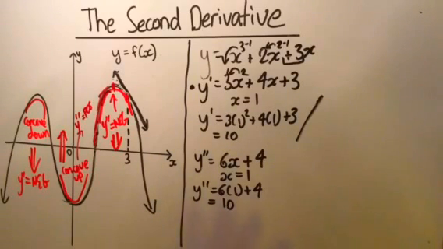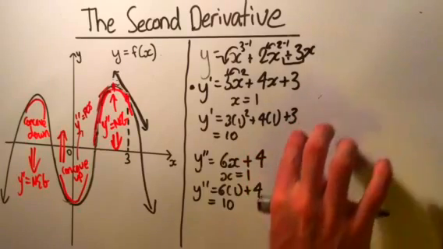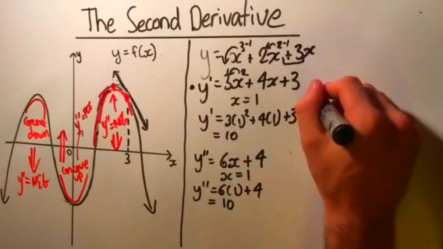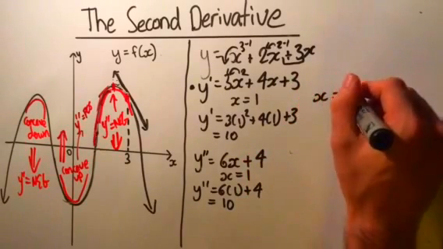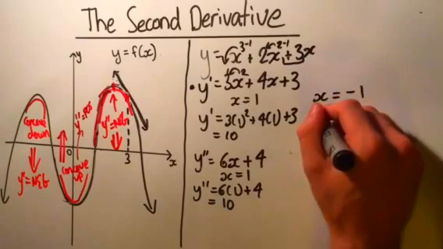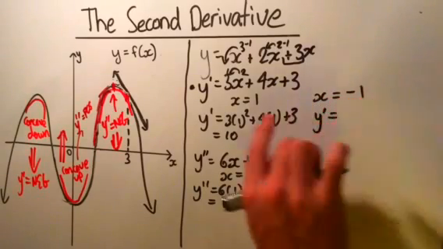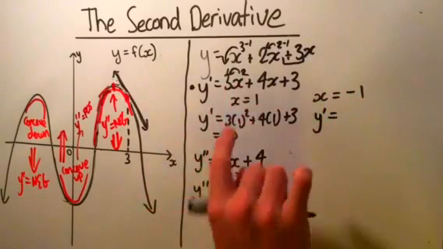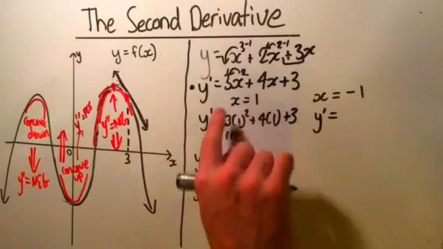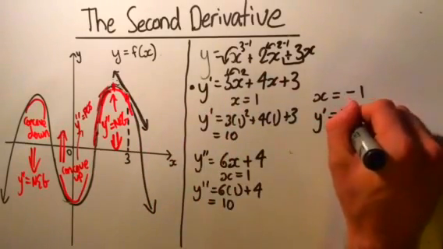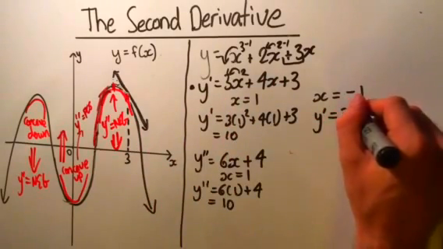Let's say I substituted instead up here x equals minus 1. Well, now I'm going to get y dash equals 3 times minus 1 squared. And we know minus 1 squared is just 1. So we get 3 minus 4. And I'll show you how I'm doing this.